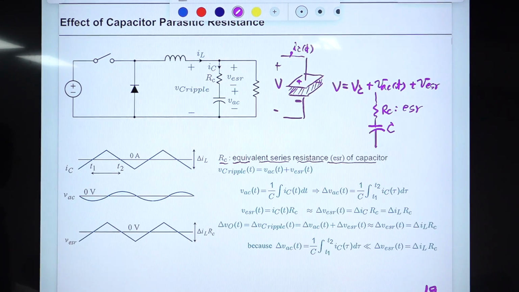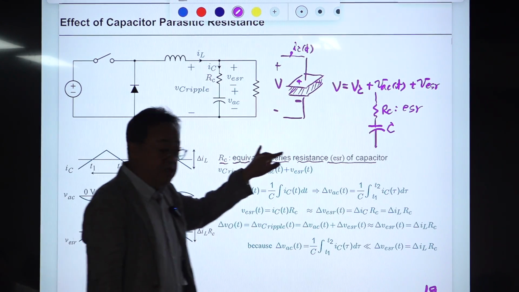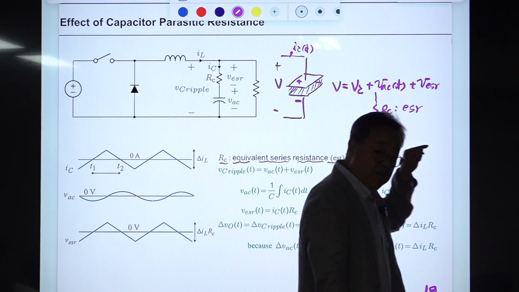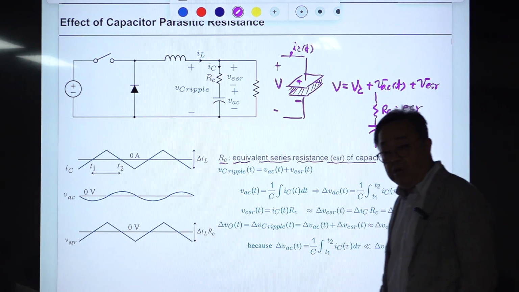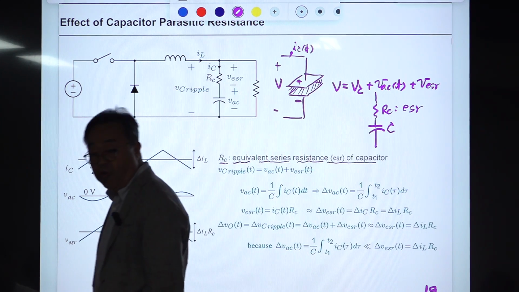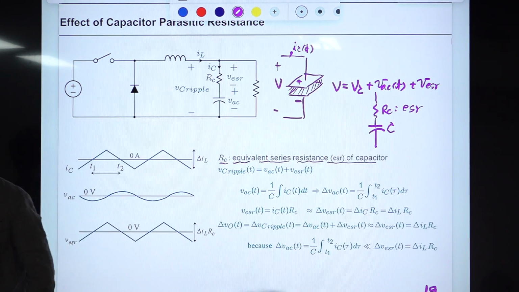All right. So usually this value is 0.1 ohm or 0.01 ohm, something like that. All right. For the 400 microfarad electrolytic capacitor, which is the cheapest capacitor in the world. All right. Okay. This ESR is very important in two senses.